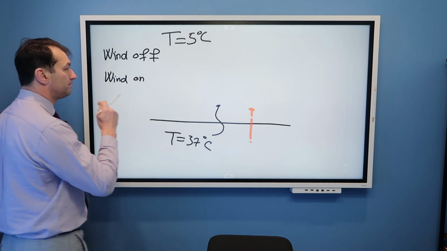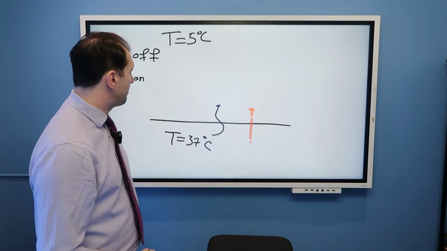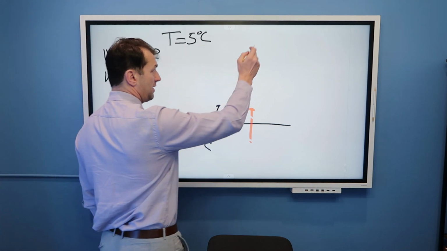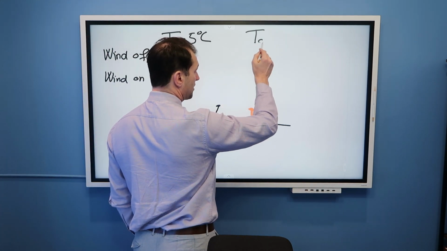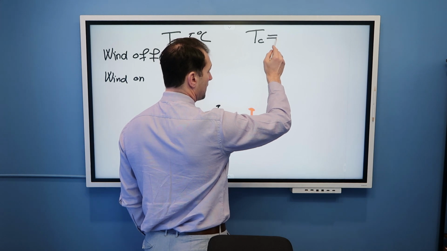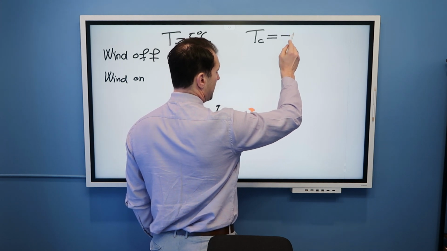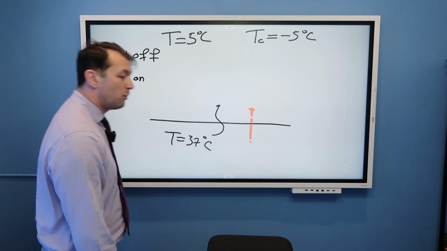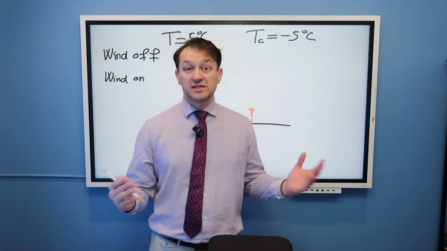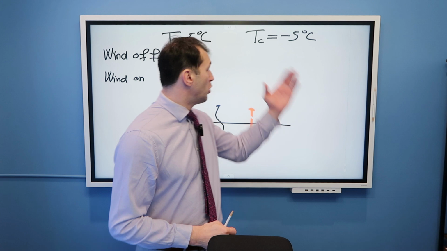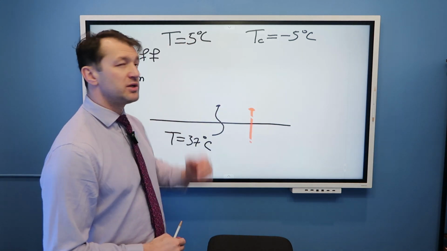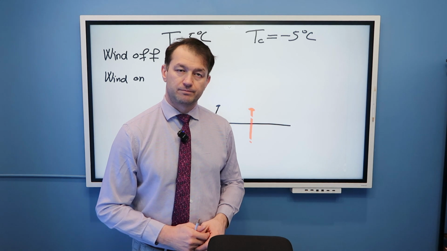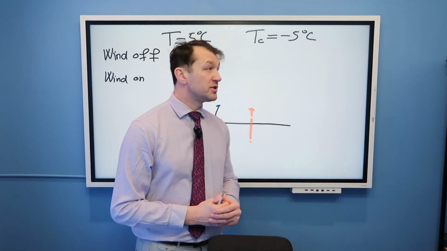Wind is on, and meteorological reports, depending on the value of wind speed, might say, let's say, that the wind chill temperature, let's say Tc, is equal to negative 5 degrees Celsius. What does that mean? This is now the key. What does this mean with respect to this temperature and with respect to this process over here? Very important what I'm about to say.